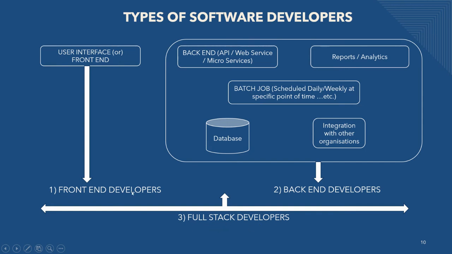A full-stack developer can do all the work done by a front-end developer and a back-end developer. It's pretty much a combination of both. That's where the attractive salaries come in for full-stack developers. At the same time, more work falls on them.